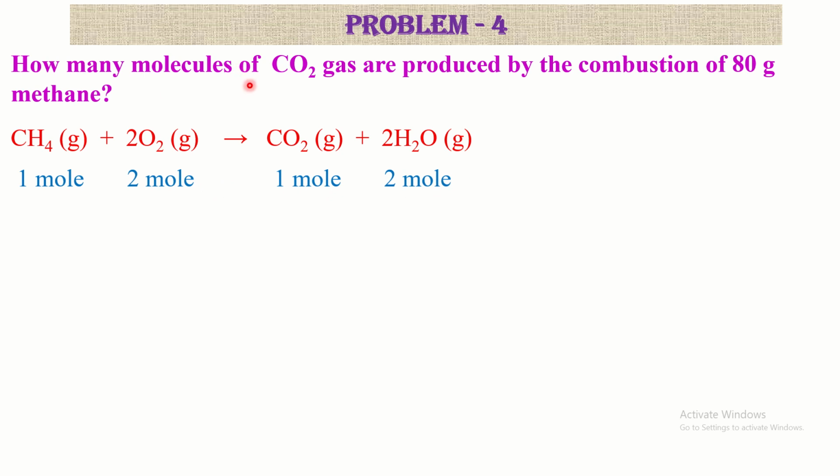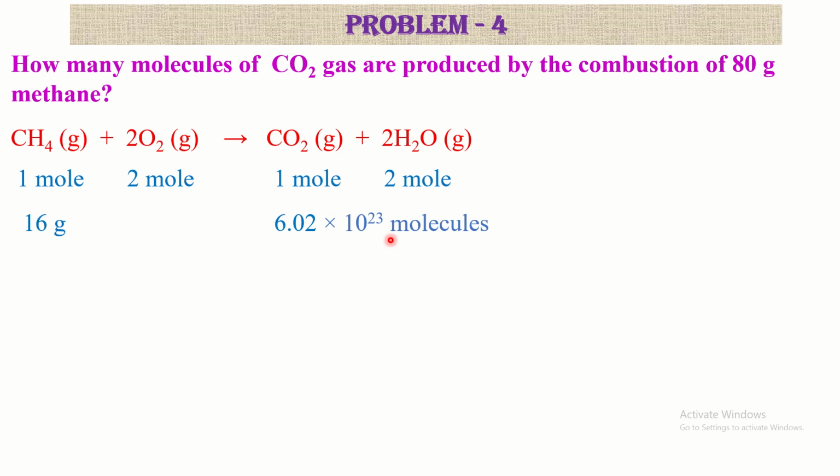Look, here we need 2 things. One is carbon dioxide and another is methane. Now 1 mole methane means 16 gram methane, and 1 mole carbon dioxide. Here we have to find the number of molecules. So 1 mole carbon dioxide equals 6.02 into 10 to the power 23 molecules of carbon dioxide.